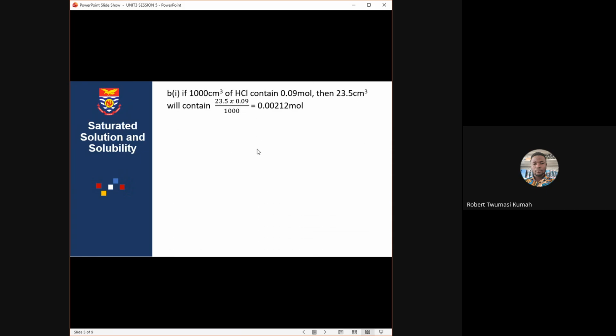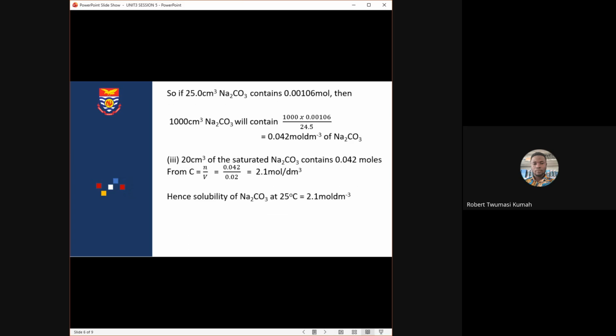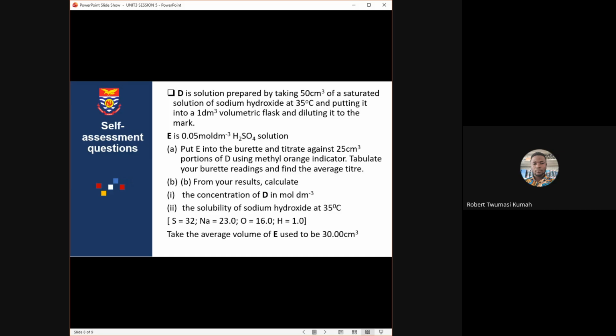And that is why we are using this concentration, in other words, the solubility that we had. So C is 2.1, molar mass 106, volume is 1000. And that gives us a mass of 222.6 grams.